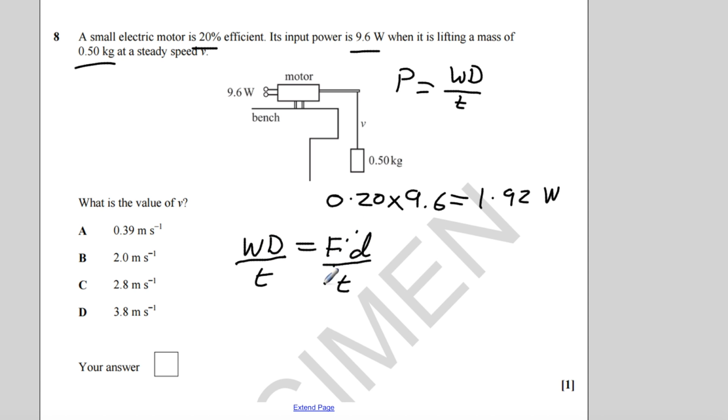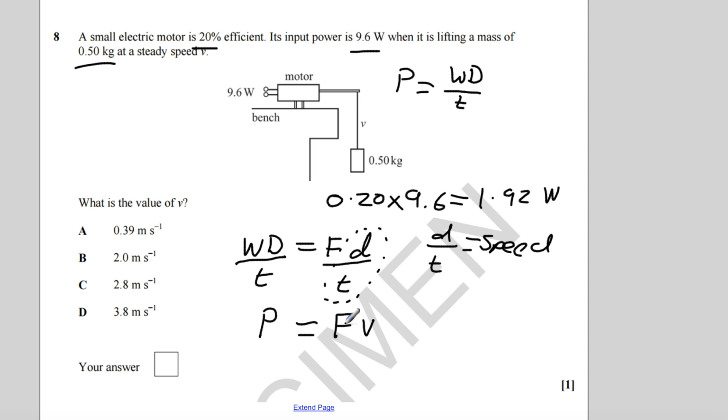Now what we've got in here is a distance divided by time, which tells us the speed. So we can substitute d over t here for the speed. So I'm going to use the symbol v for velocity. So let's change this back to power.